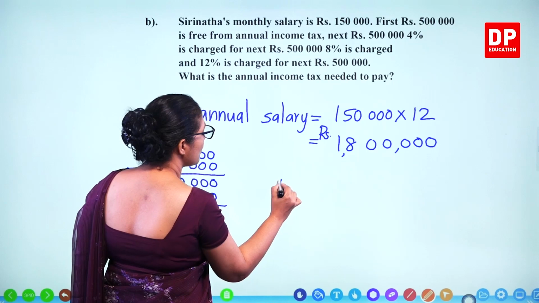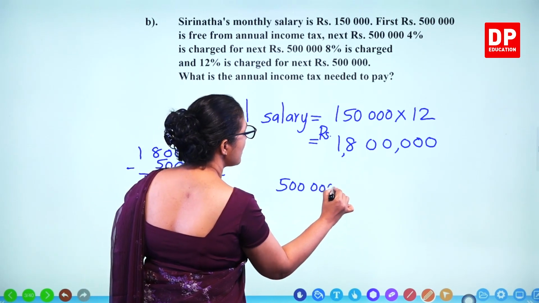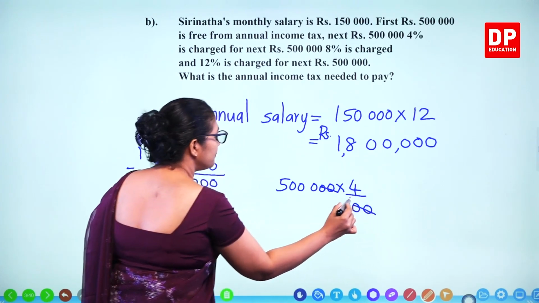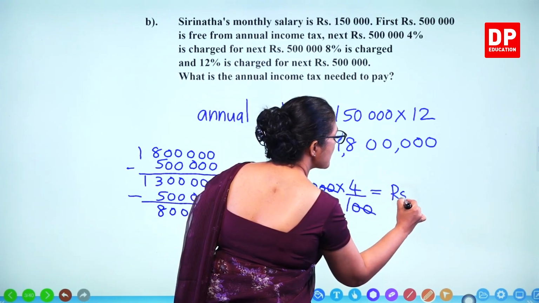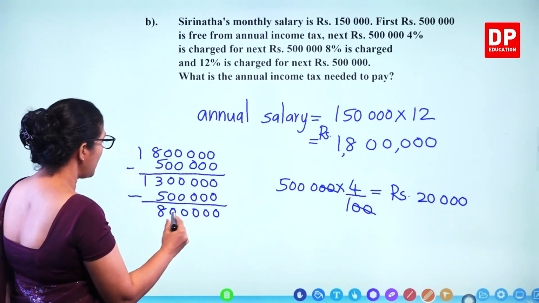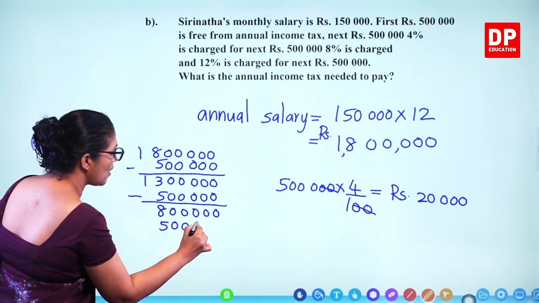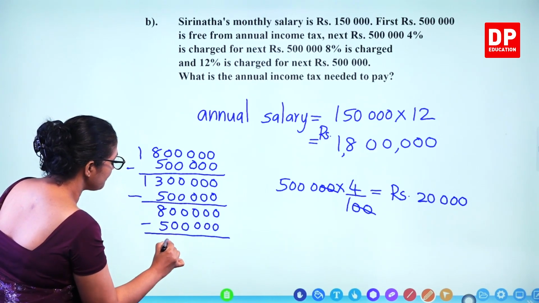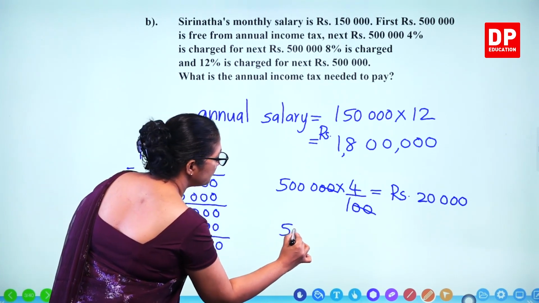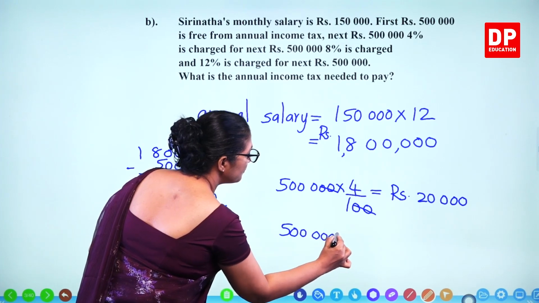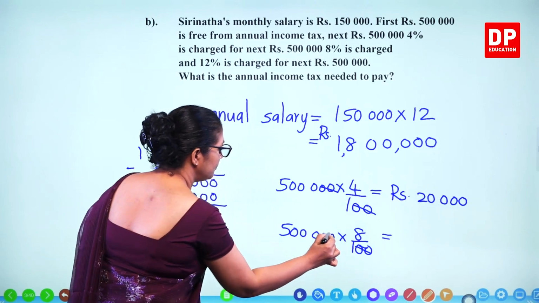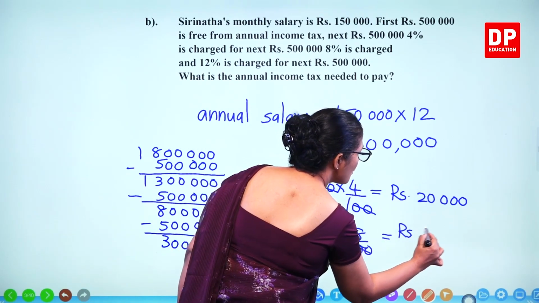So first we calculate the next 500,000 at 4%. So what's the tax? 20,000 rupees. Now again take the next 500,000. That's 8%. That's 40,000 rupees.